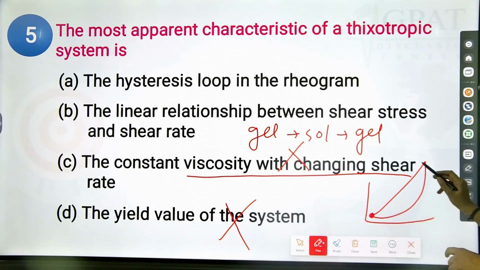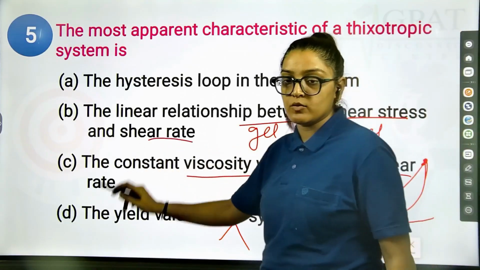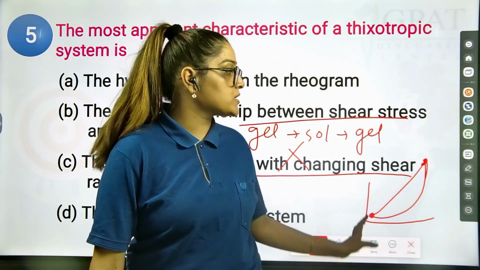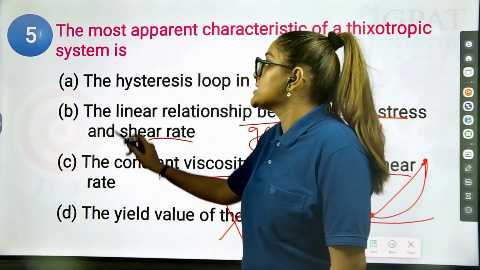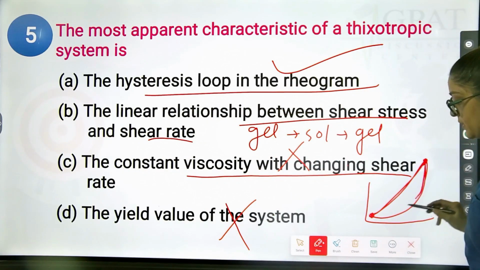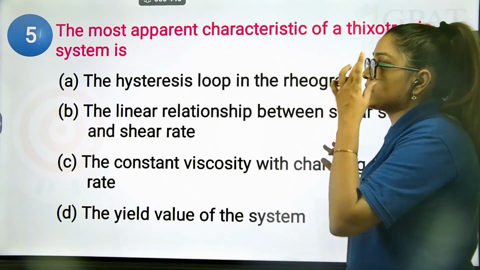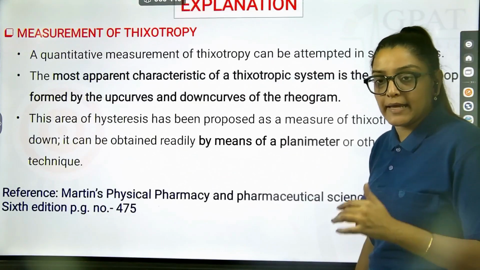Originally gel state, then sol state, then again back to the gel state. Linear relationship between shear stress and shear rate? No, the relationship is not linear because again they are coming back to their original state. Hysteresis loop in the rheogram? Yes, there is a hysteresis loop in the rheogram. Okay. So our correct answer must be option number A. Right?